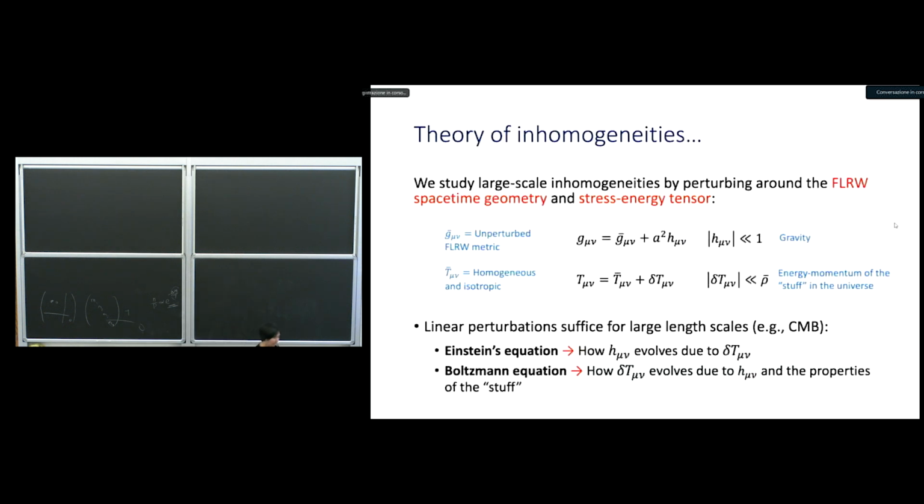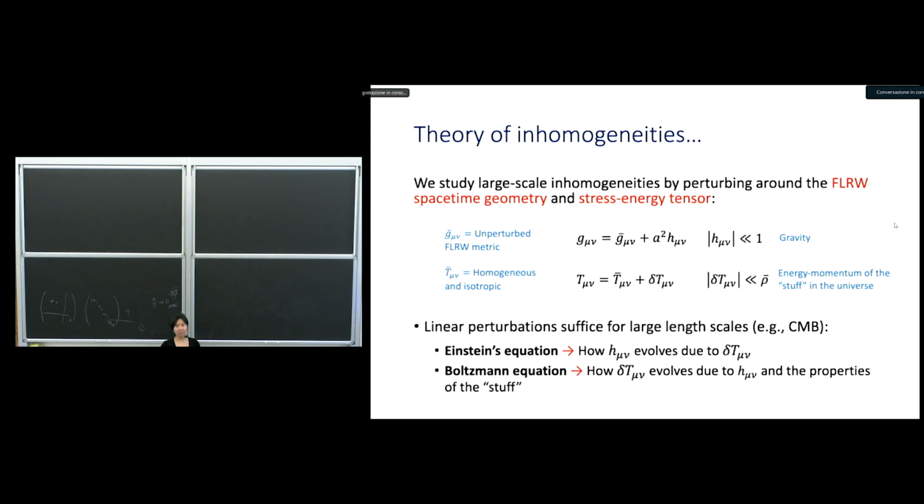Okay, so how do we actually implement this framework? We have seen earlier that in a homogeneous and isotropic universe, you write down the FLRW metric. Okay, that's your space-time geometry. There's also a corresponding stress energy tensor, which is diagonal. But now I want to extend this framework to describe inhomogeneities as well.